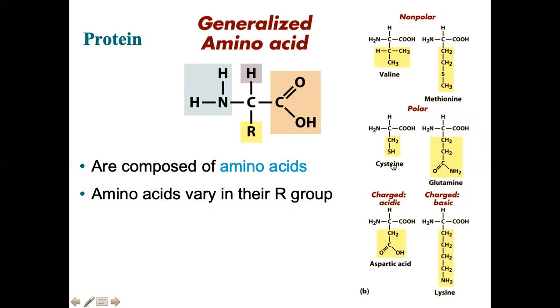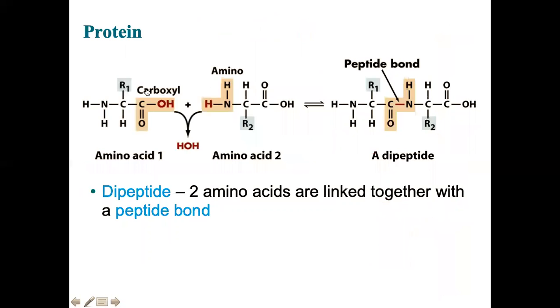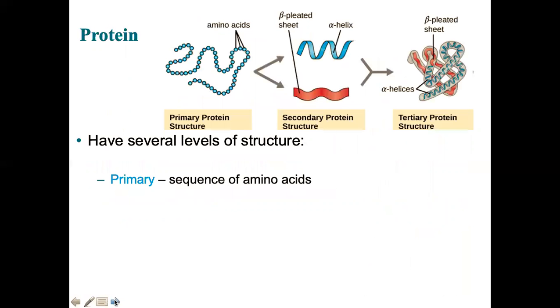And you can have all different kinds, right? 20 different kinds of variable groups. And when amino acids string together, they form a peptide bond. So this is 2, so it's a dipeptide. And eventually you get a polypeptide. And if you get a big enough polypeptide, you end up with what's called a protein.